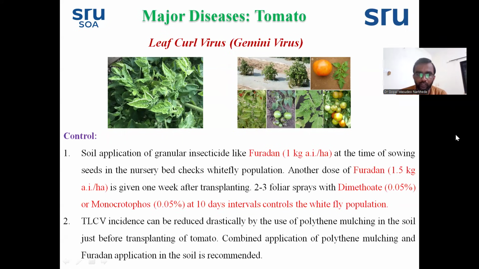Then another dose of Furadan is given 1 week after transplanting, and 2 to 3 foliar sprays with dimethoate or monocrotophos at 10 days interval control the whitefly population, because this leaf curl virus is a type of Gemini virus which spreads through whiteflies. This TLCV incidence can be reduced drastically by the use of polythene mulching in the soil just before the transplanting of tomato. So this combined application of polythene mulching and Furadan in the soil is recommended to control this leaf curl virus.